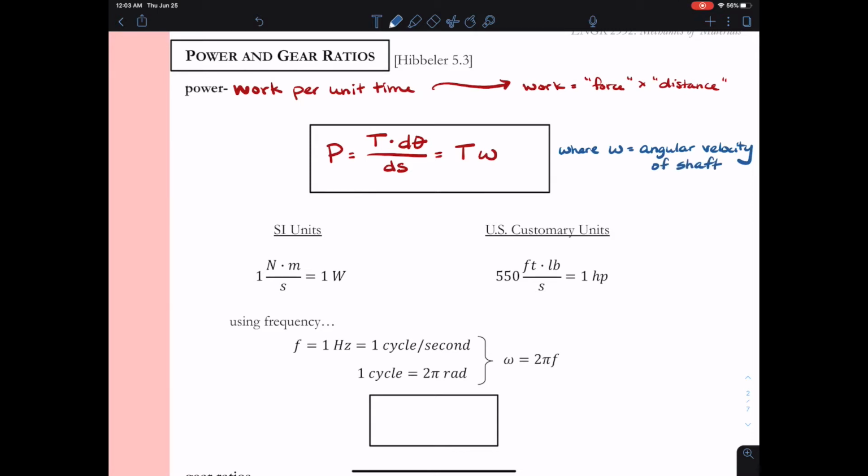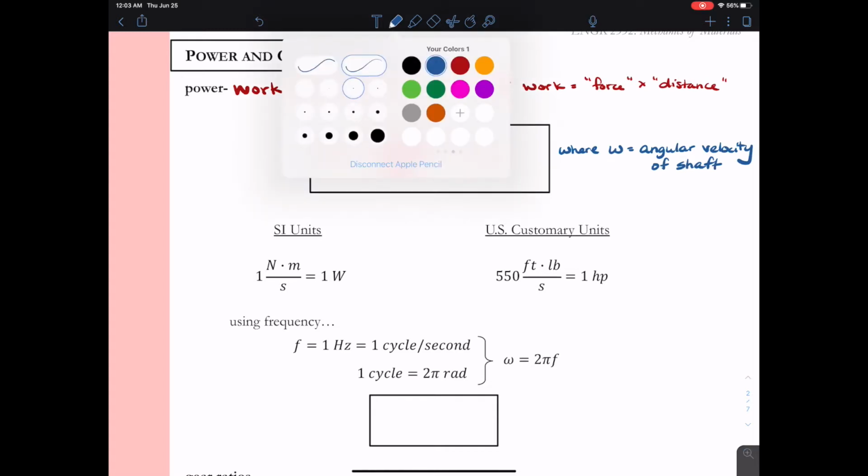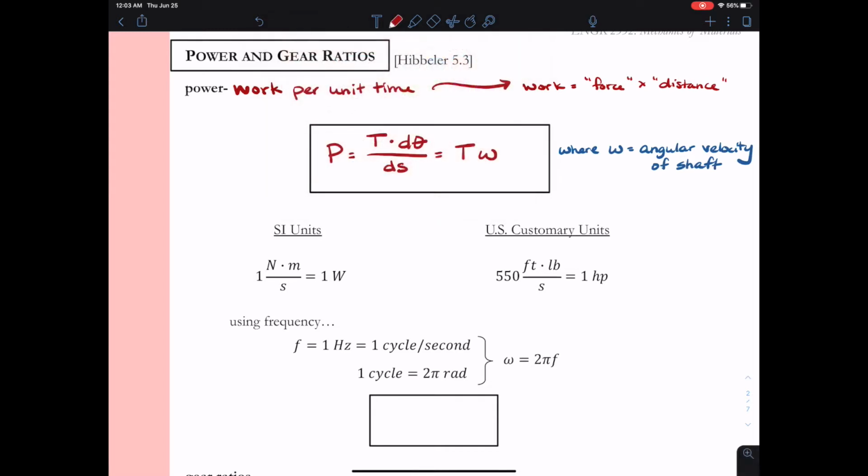All right, we can see some of the units here. In SI units, power is in watts, and in the US customary unit system, power is in horsepower. This is something we're familiar with if you're into mechanical engineering and into your car, especially; you know about horsepower. And we can go through and look at using the frequency.